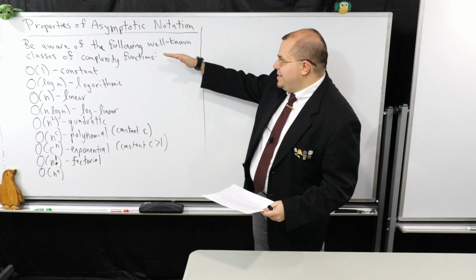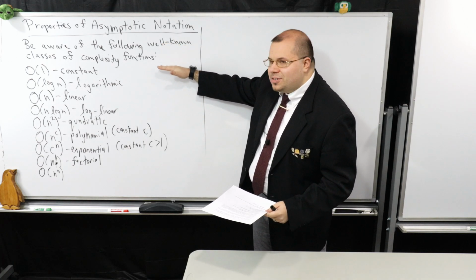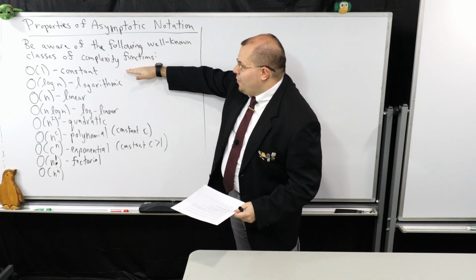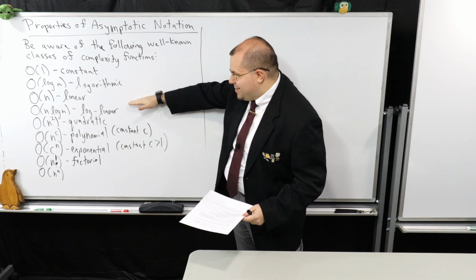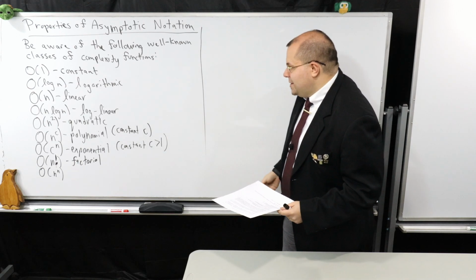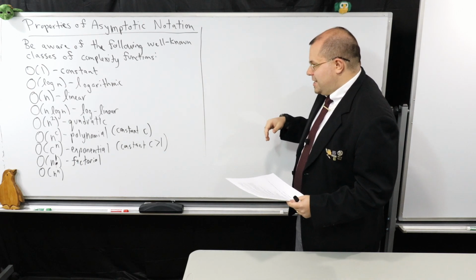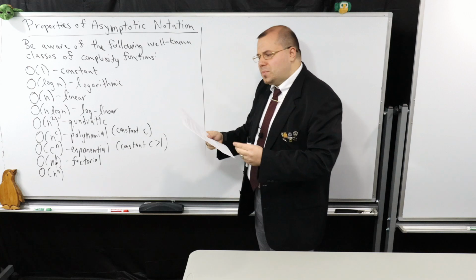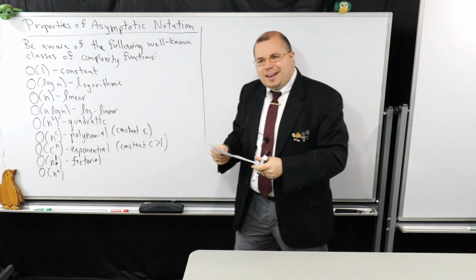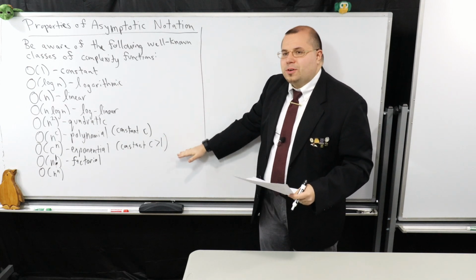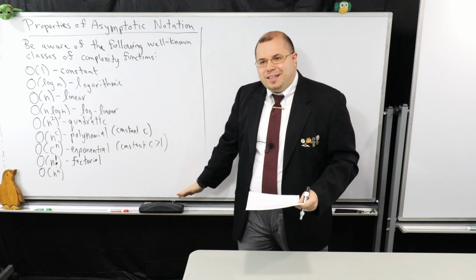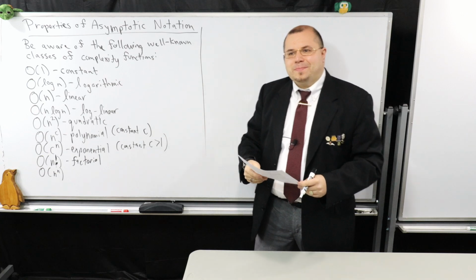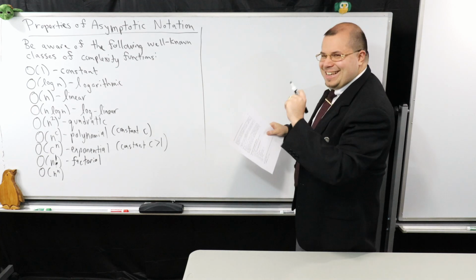I've tried to list them in the order for which the sets are contained. So for example, big O of 1 is contained within big O of log n, big O of log n is contained in big O of n, and so on, for appropriate values for c down here. So is everybody fine with that? I'm sure you've probably heard of these before at some point, but I just want to make sure, just in case, that you've seen this terminology before. If you haven't, there it is.